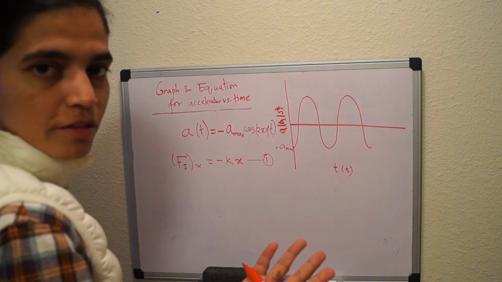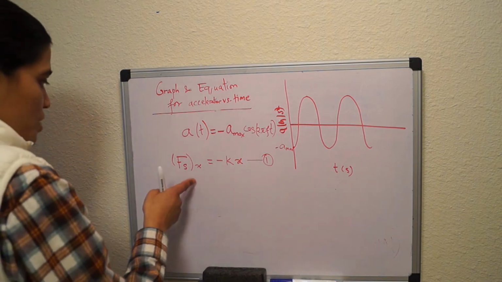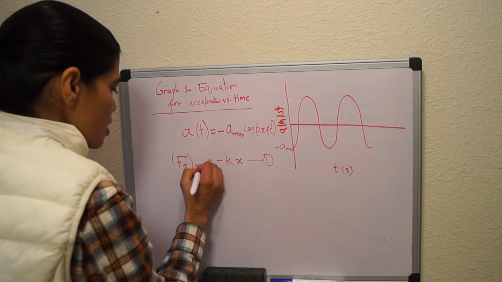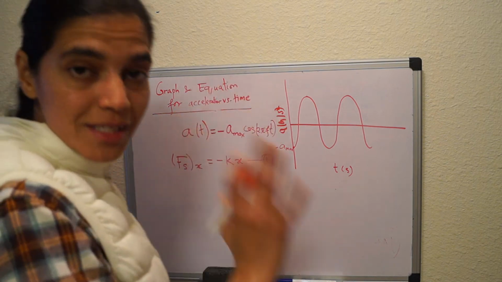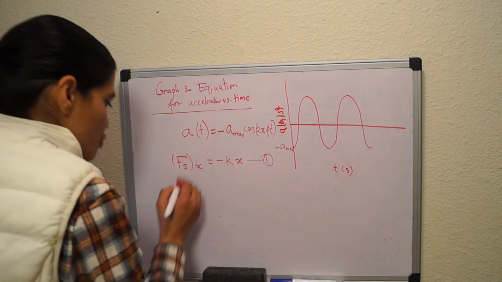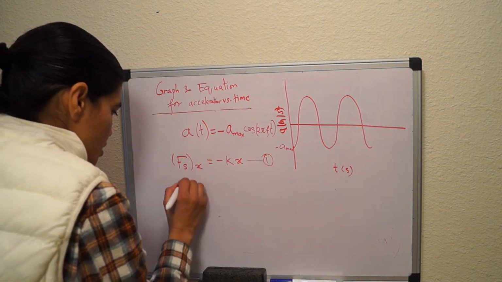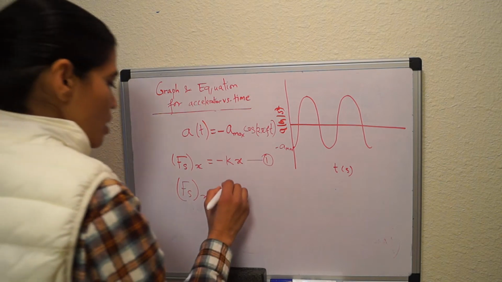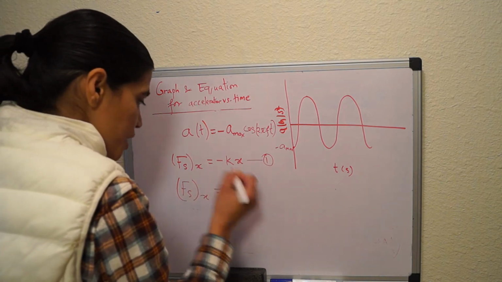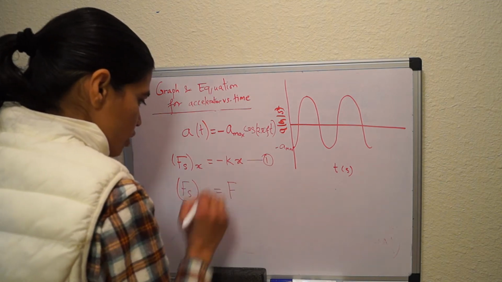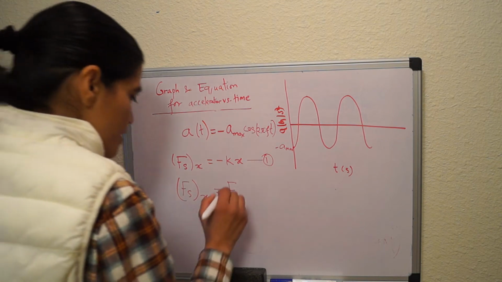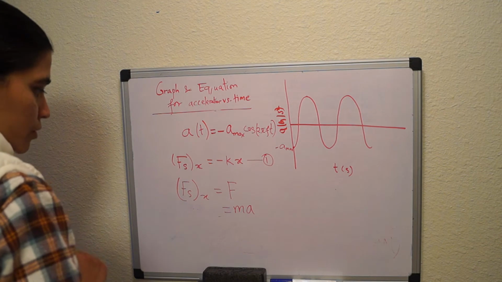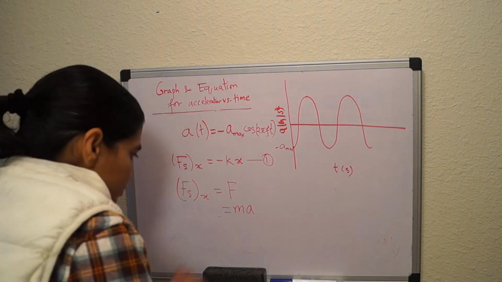So this here is the spring force, let's call this equation 1. But you see the acceleration is provided by what? Due to the force, right? So this restoring force is accelerating the system, right? So F_s,x is also responsible for accelerating the system. Let's call that force F, and this must be equal to m times a, okay?